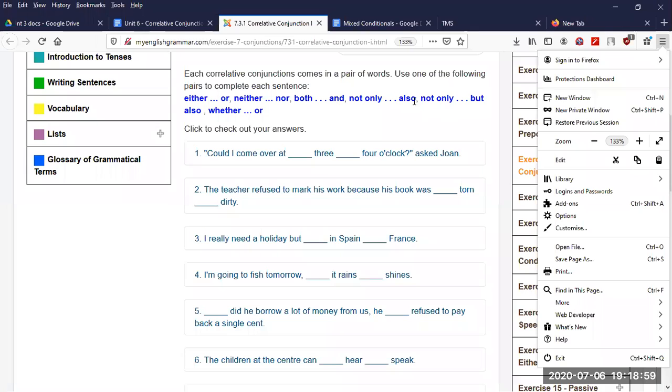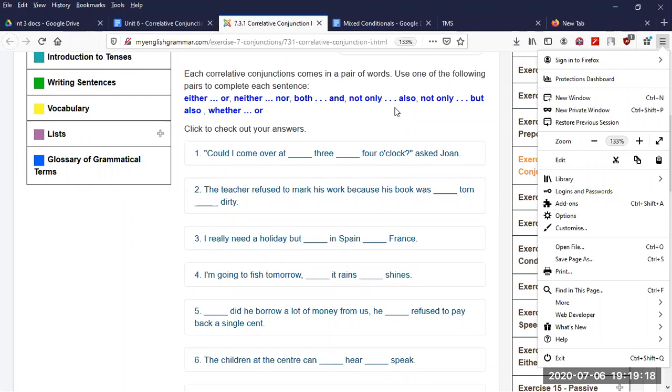Not only also is similar to this, but we're saying that it's quite surprising, or we are emphasizing that we are doing both. So yes, but also.